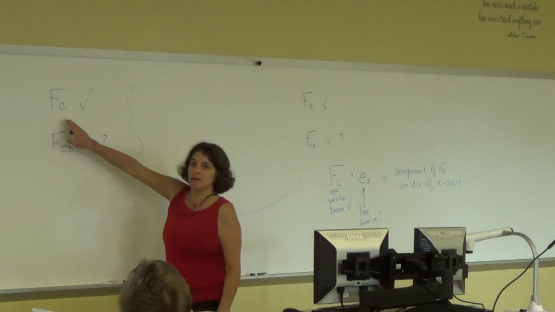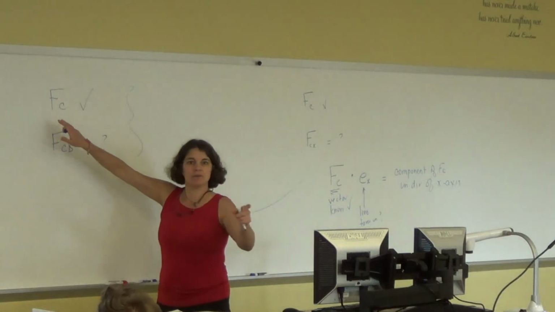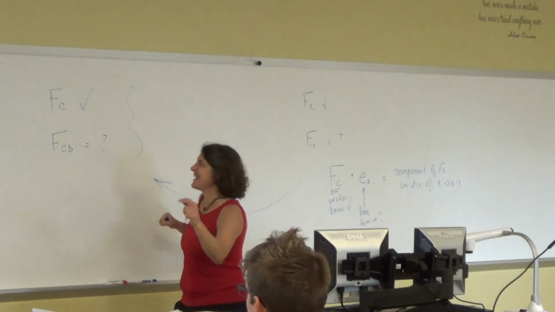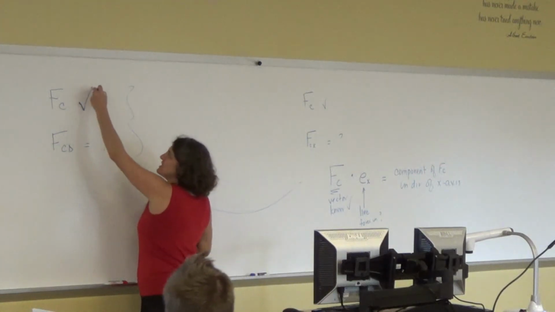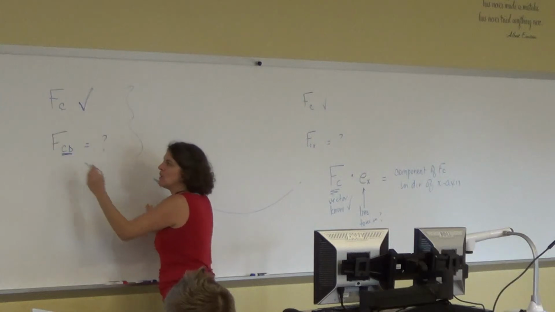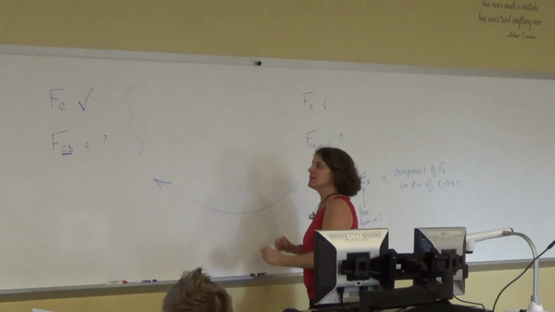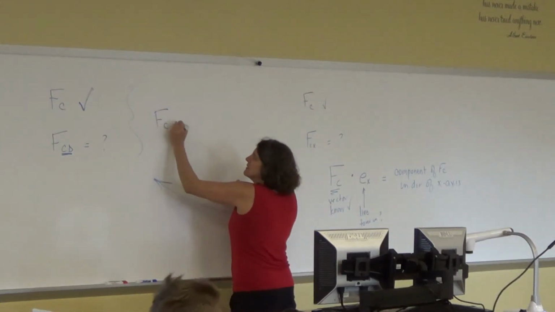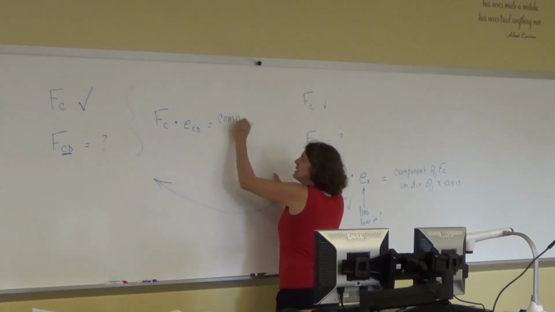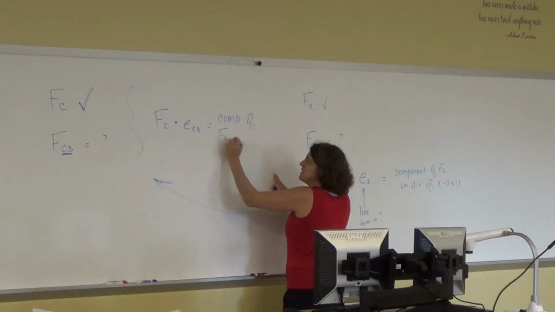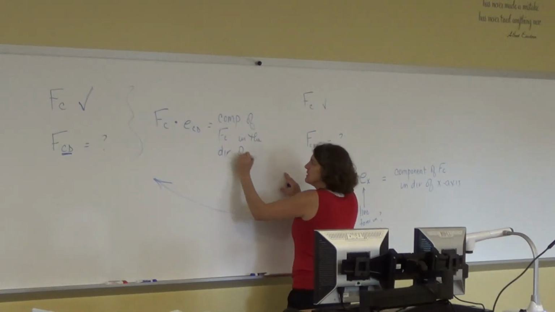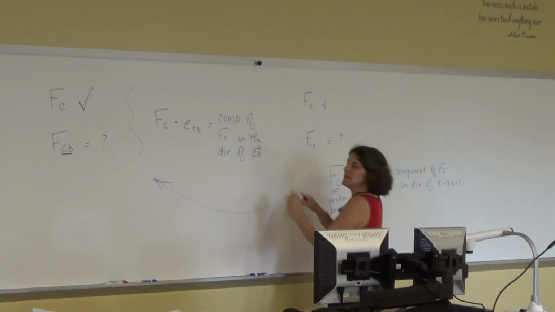Karen, if you know force C and you want to find the component of that force along CD, what would you do? You dot it with the unit vector of CD. Yep. Wouldn't this give you the component of FC in the direction of line CD?